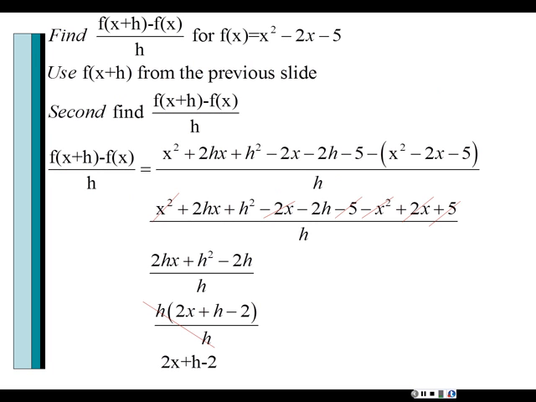We may not be able to cancel, or we may be able to cancel. I'm sure we'll be able to cancel in most cases. Let's say x squared and x squared get cancelled, 2x and 2x get cancelled because they have different signs. 5 and 5 get cancelled, and we are left with this much.